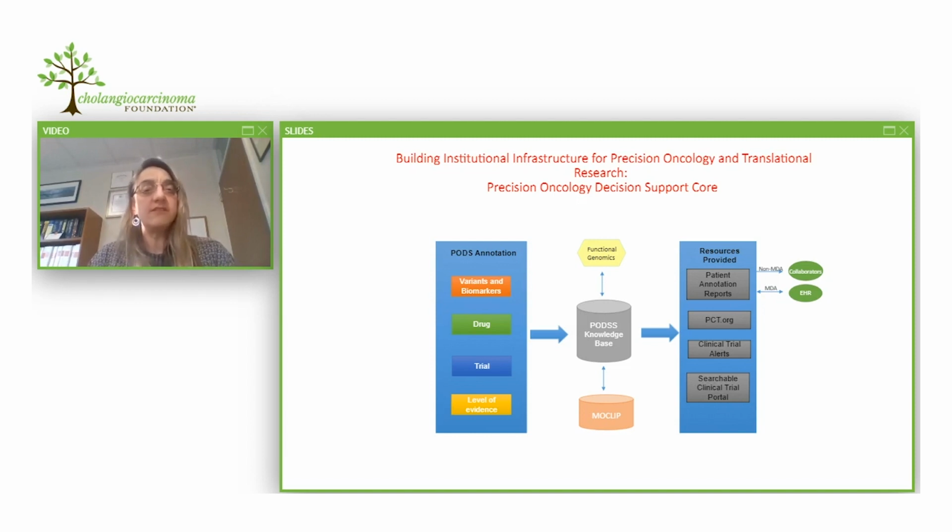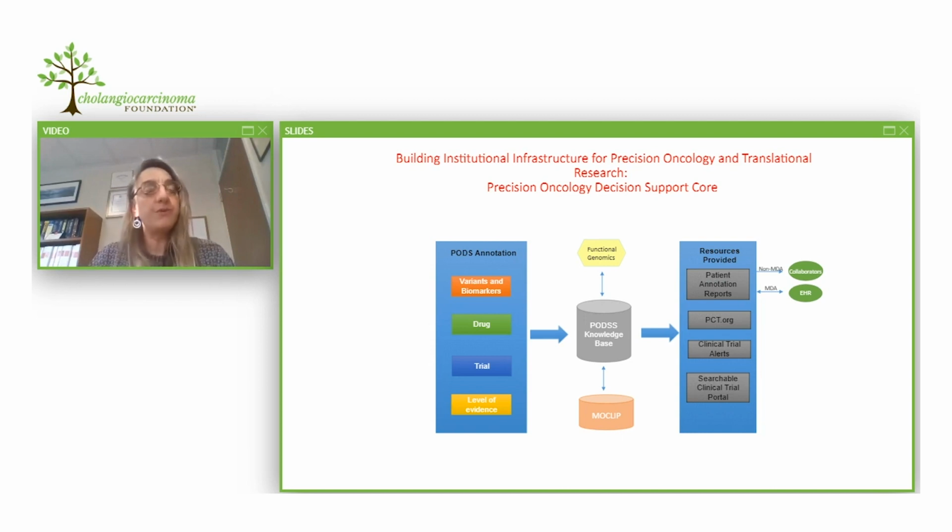Implementing these kinds of trials is actually very important to have different treatment options for patients that are undergoing genomic testing, but also infrastructure is needed to best match treatments to patients. And at Anderson, we've done this through putting together a research program and a precision oncology decision support effort. This works as a core.